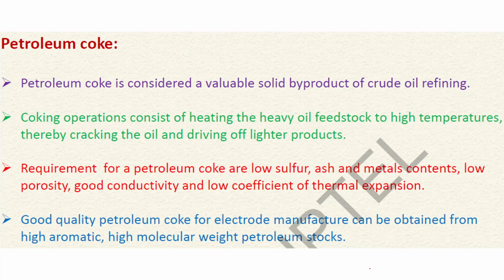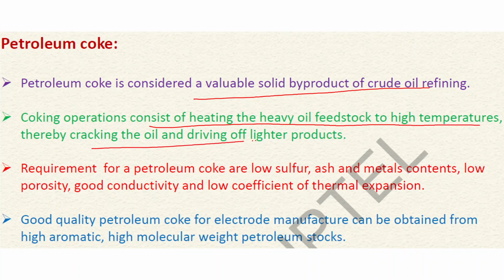Coming on to the petroleum coke, another product of crude oil, it is considered a valuable solid byproduct of crude oil refining. Coking operation consists of heating the heavy oil feedstock to a higher temperature, thereby cracking the oil and driving off lighter products. Coke is similar to coal, but it is hydrophobic, whereas coal is hydrophilic.